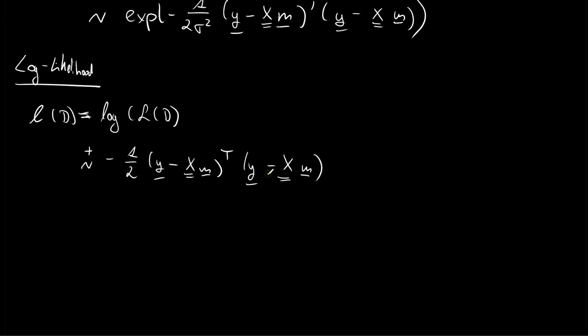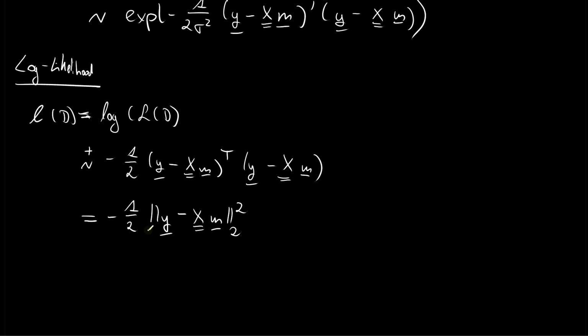And here we can already see what we've seen before, that if we have this inner product between these delta x vectors, this is equivalent to having this norm. So it is minus 1/2 and then the norm y minus X m in the Euclidean norm squared.